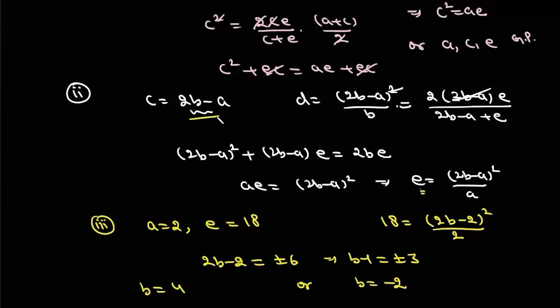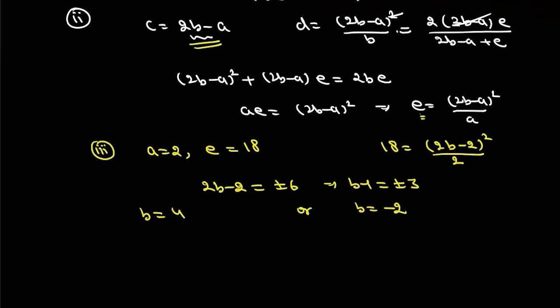Now C is 2B minus A. Now if B is 4, then C is 8 minus 2, 6. And here if B is minus 2, it will be minus 4 minus 2, then value of C is minus 6.